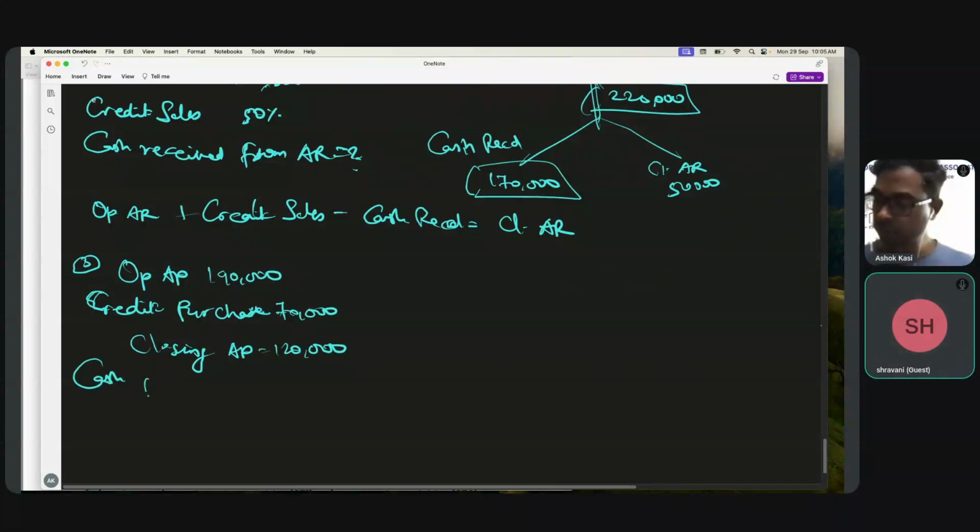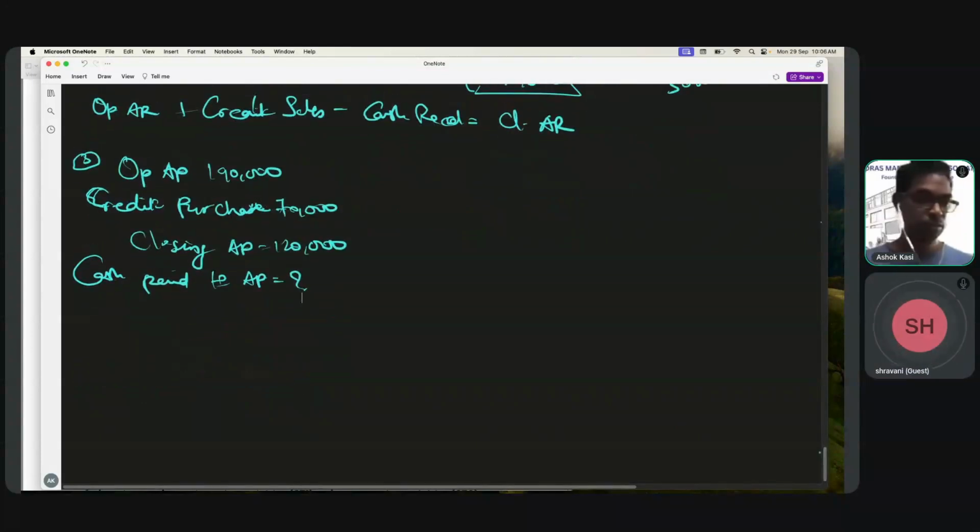Cash paid to accounts payable. 1,40,000.